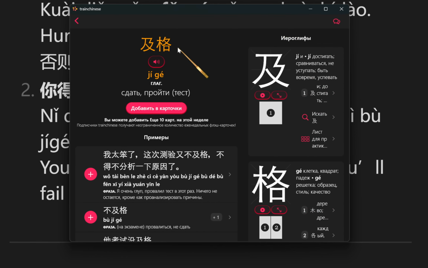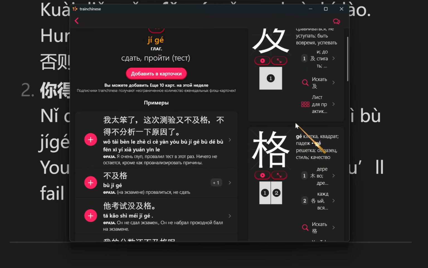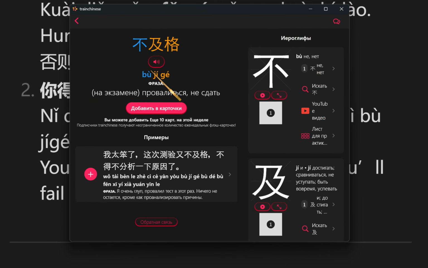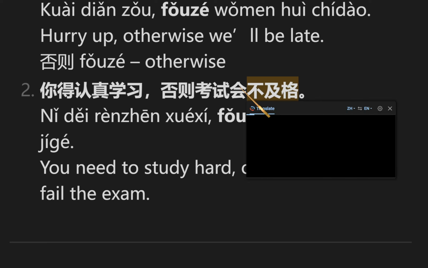Oh, 及格 it's to pass the exam because 格 it's like a standard or quality. Sometimes because 不及格 not qualified. So 会不及格, not to pass, fail, flunk, failure.